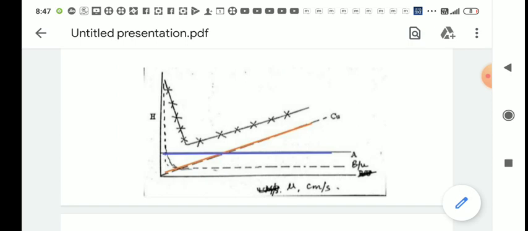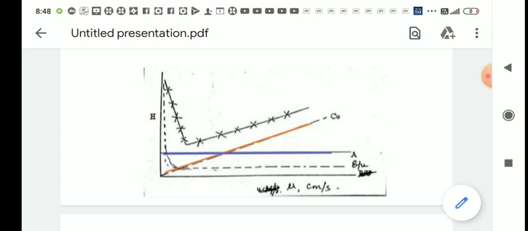So the dotted line which is shown is of the second term B by u. Initially it is very high if the velocity is low, but as the velocity increases, the B by u term decreases very rapidly and gradually it becomes 0.